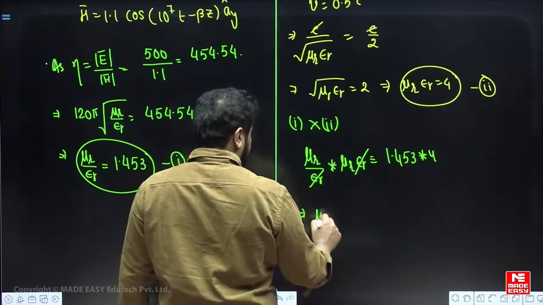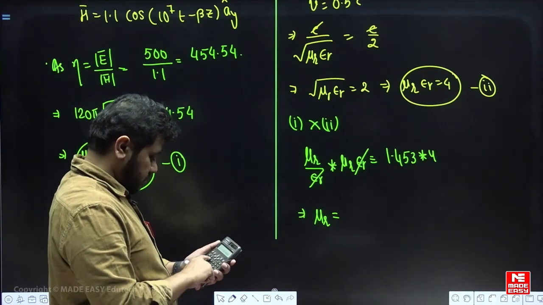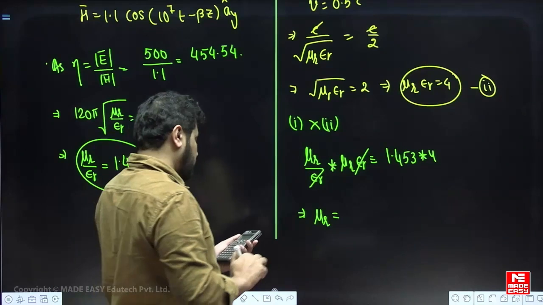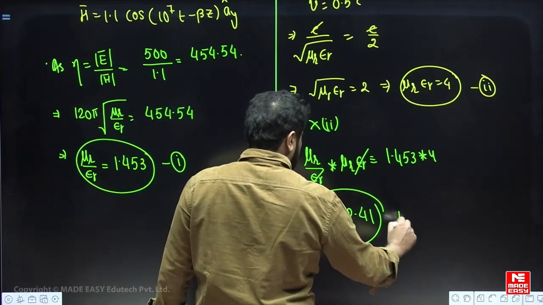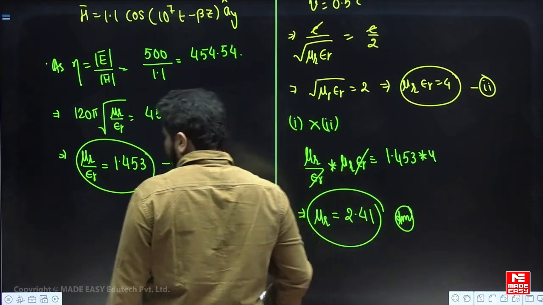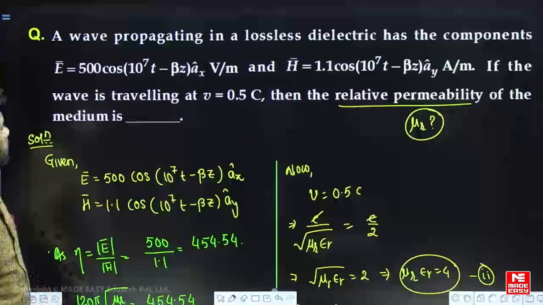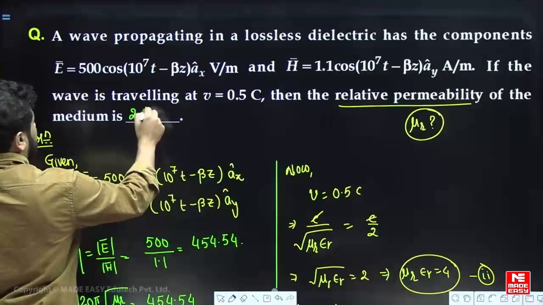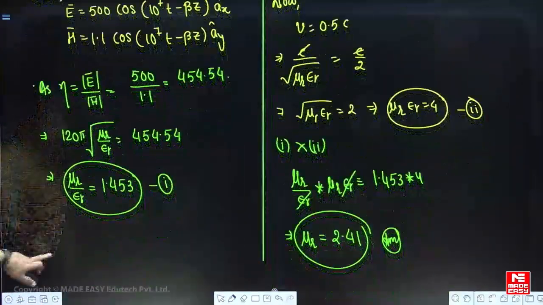So from here you will directly get the value of mu r squared. So 1.453 into 4, root of answer, I am getting 2.41. So this should be the answer. Correct. So answer is 2.41. This should be the answer for this particular question.